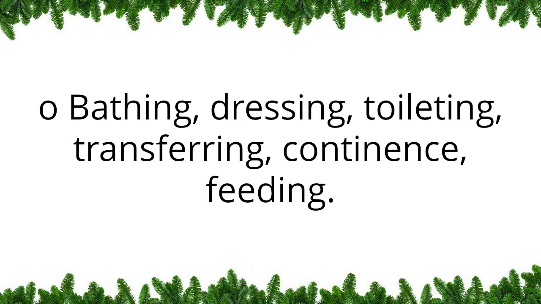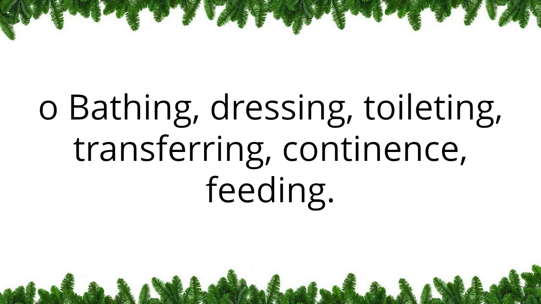So you can assess if this older person is able to bathe themselves, able to dress themselves, able to do toileting without help or with minimal assistance, and whether they are bound to the chair. Do they need assistance to be moved from one chair to the other? Do they have continence, or do they have problems with feeding?